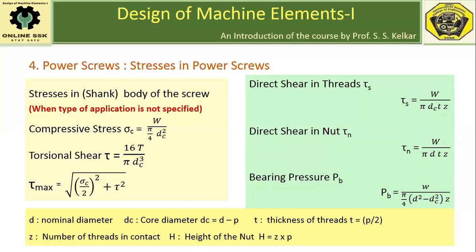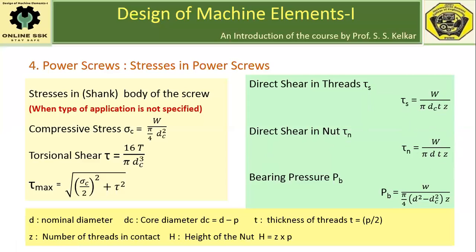Now the threads of the screw as well as the nut have intimate contact, and whenever there is a localized compressive stress over the interface of two mating parts, that stress is called a crushing stress. And if there is relative motion between the mating parts, then the crushing stress developed is referred to as the bearing pressure.